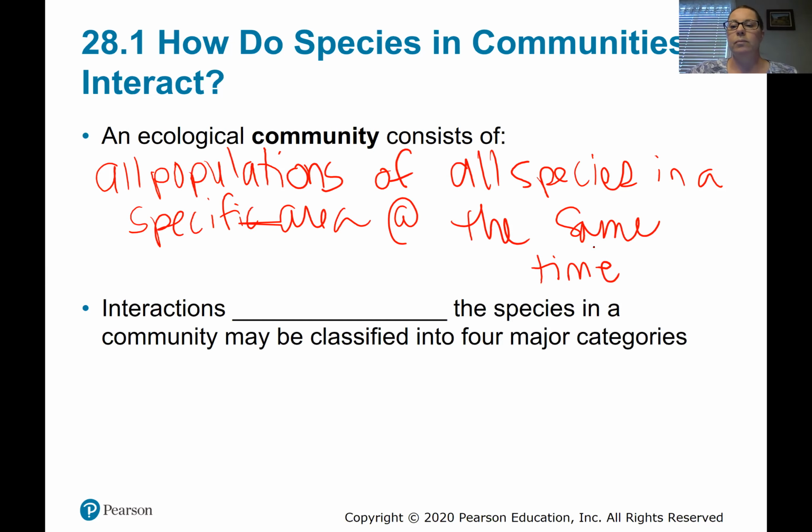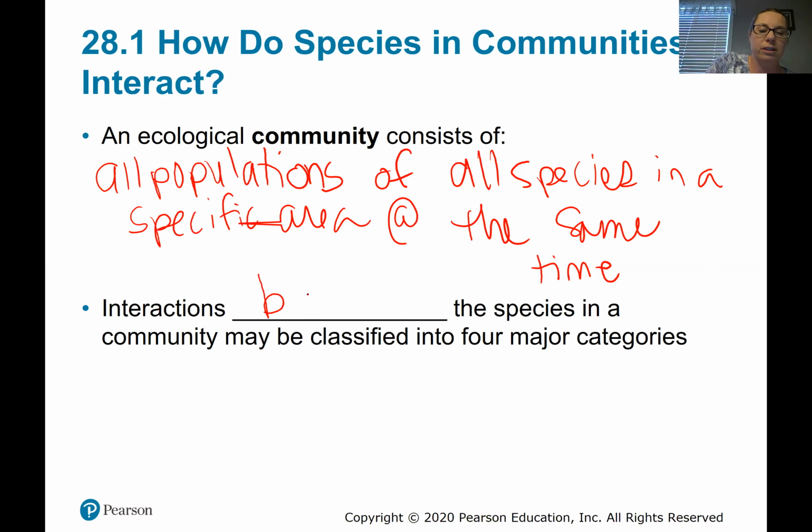So instead of just looking at a population of prairie dogs, the community would be the prairie dogs and the buffalo grass and the mosquitoes and the house flies and the coyotes and all of those other populations of all of the other species in that particular area.